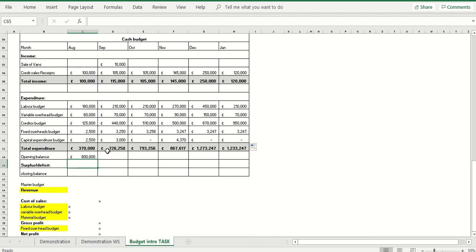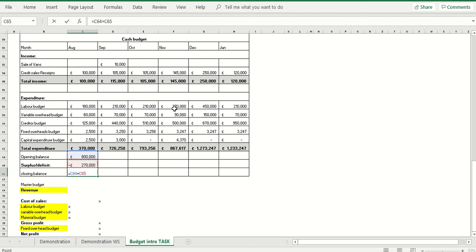The deficit is, in this case, £100,000 minus the £370,000. So the net effect of having £100,000 come in and paying out £370,000 is that we are out of pocket of £270,000.